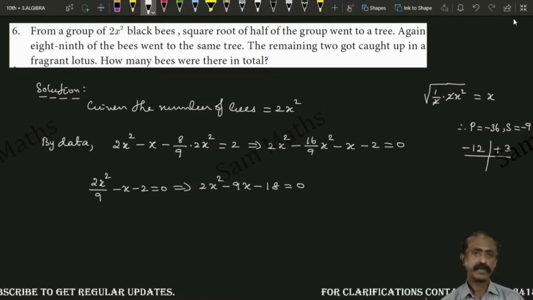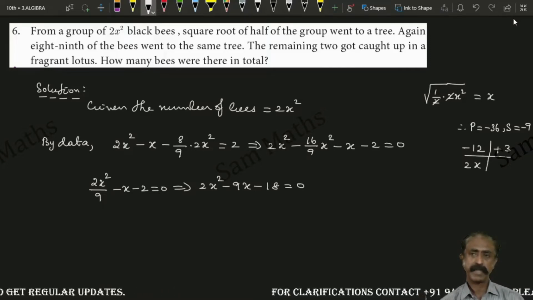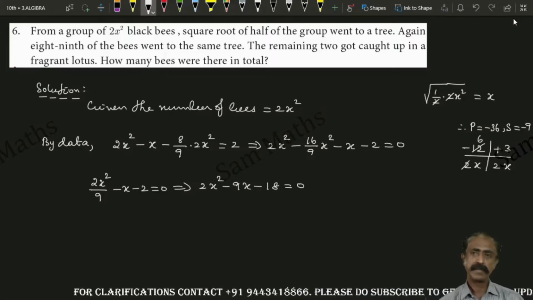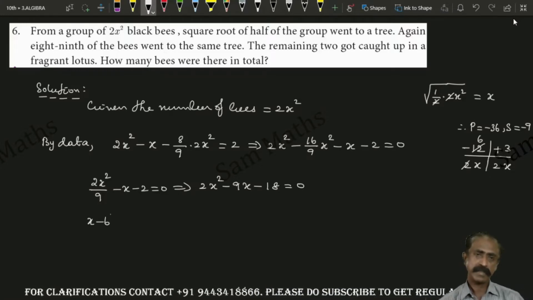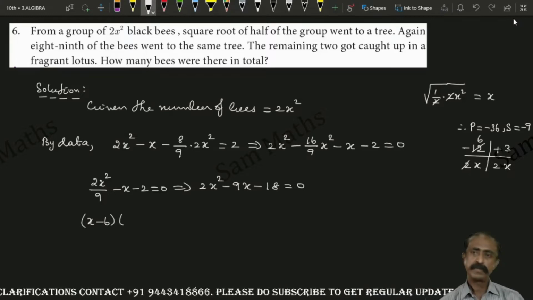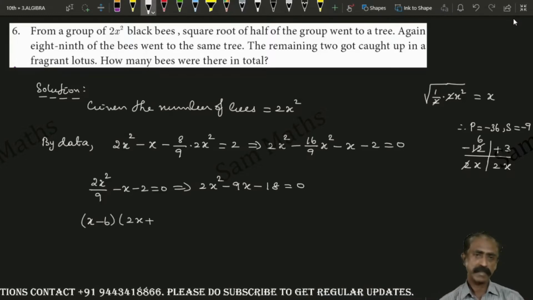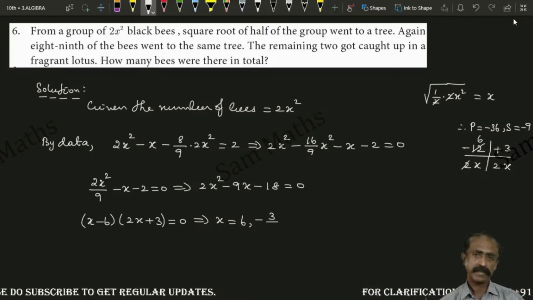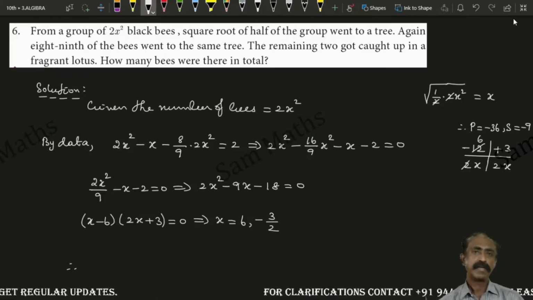We have 2x square, you divide by 2x, 2x. Here we can cancel 2, it becomes 6. Therefore, this equation becomes x minus 6 into 2x plus 3 equal to 0, which implies x is equal to 6 comma minus 3/2. Therefore, what's needed?